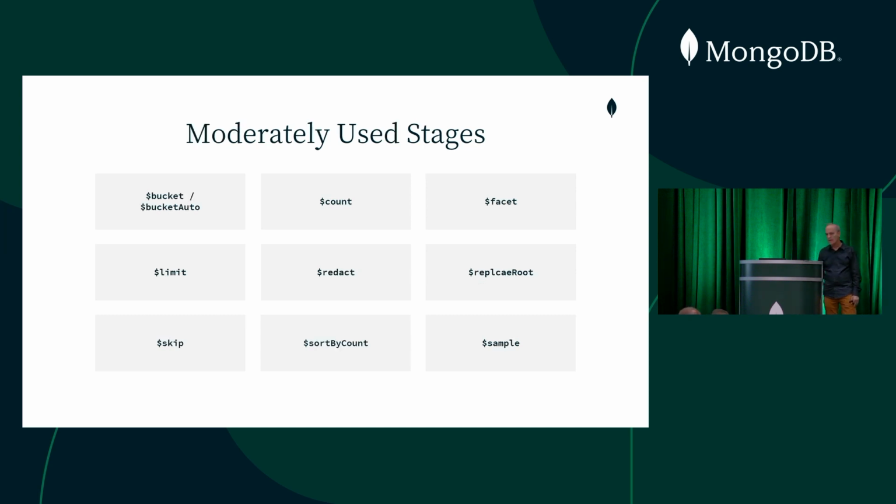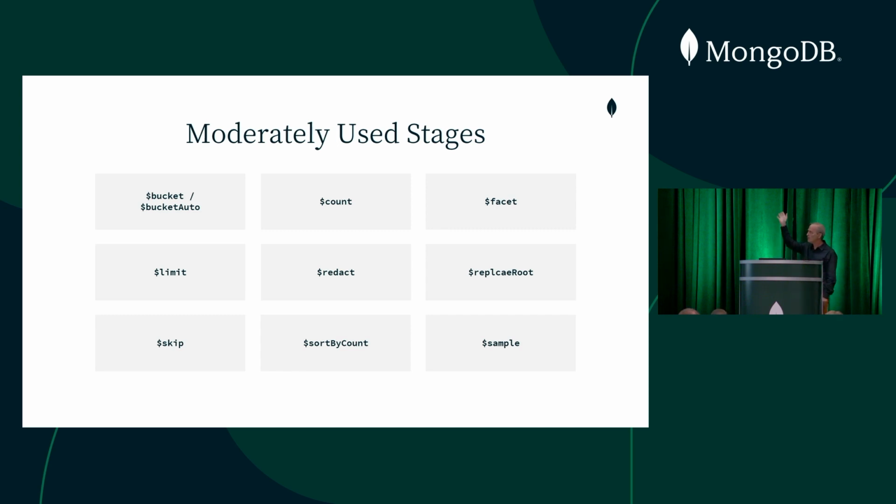And then there are some that are maybe less common, and I'm not going to read the slides to you. We can talk about each one of the 32 pipeline operators for a long time, and that's not the purpose today. But there are things like $bucket, which is great for search type applications. Things like $count, $facet.